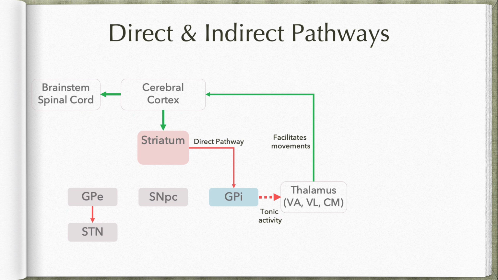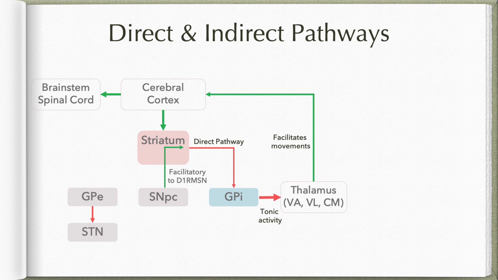So basically this direct pathway is activated to execute any wanted or appropriate movements. This pathway is facilitated by the nigrostriatal fiber inputs, which are facilitatory to those neurons which have D1 type of receptors on their surface, and those are the neurons which project to globus pallidus internum.